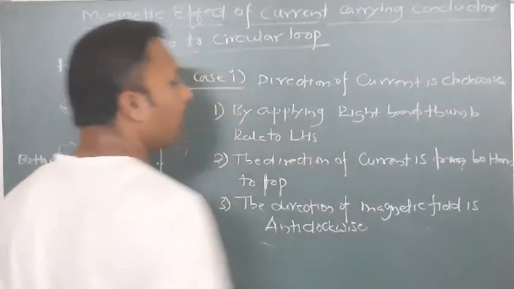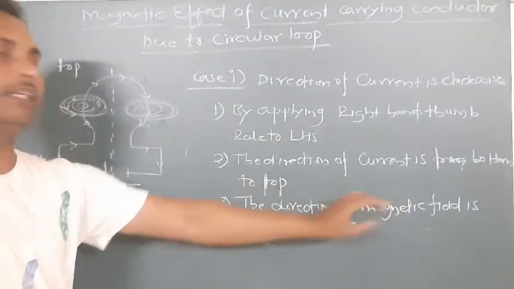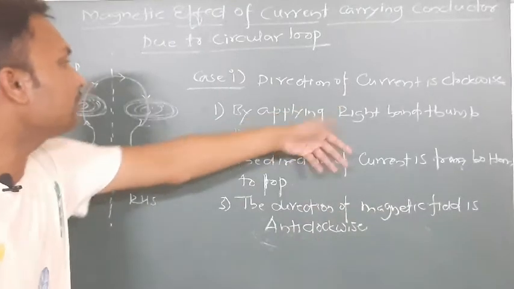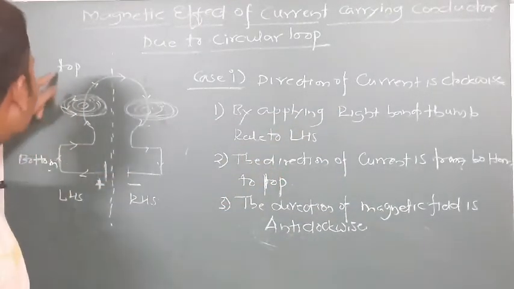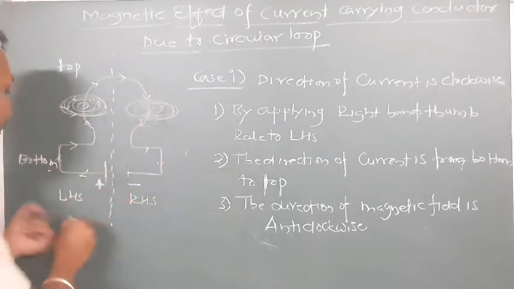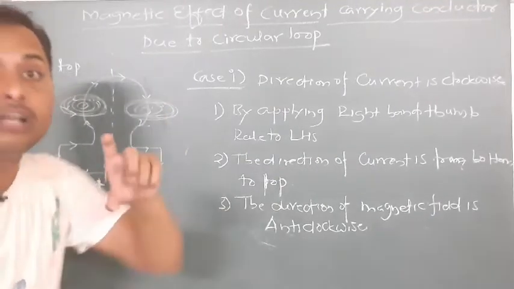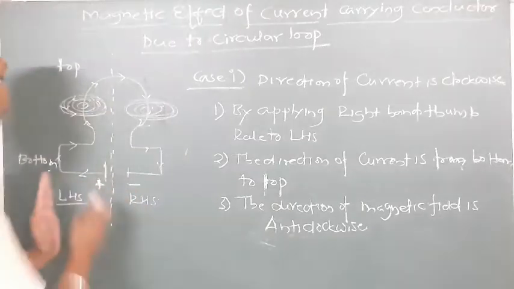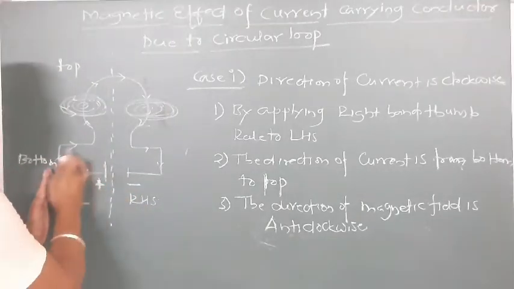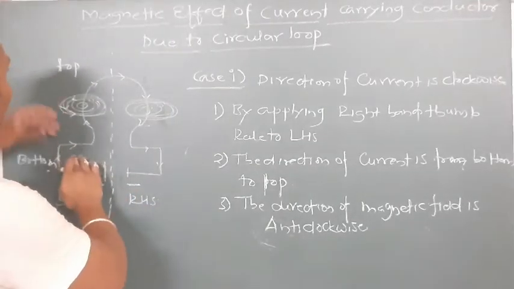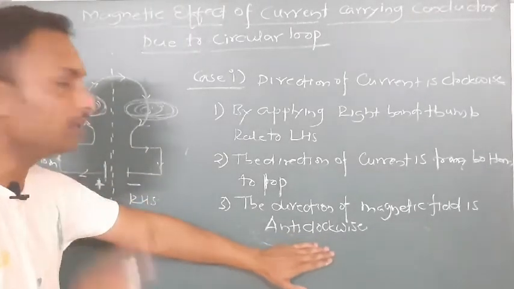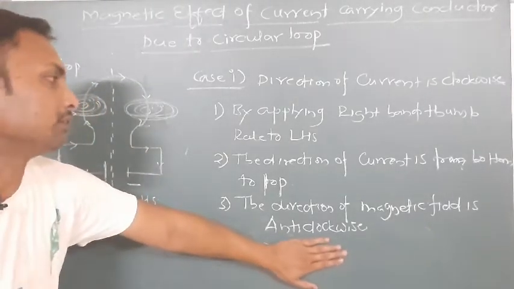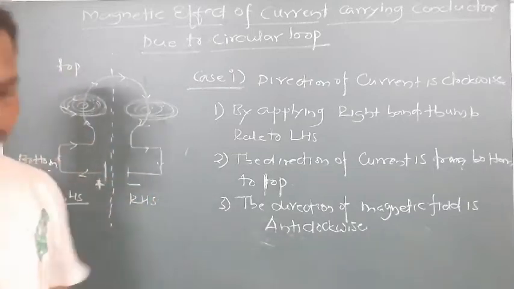The direction of magnetic field is anti-clockwise when the current is flowing from bottom to top. In which section? In the LHS section, left hand side. When the current is flowing from bottom to top, the direction of magnetic field is anti-clockwise. So I hope you understood this one.